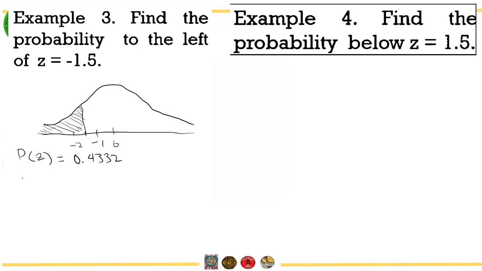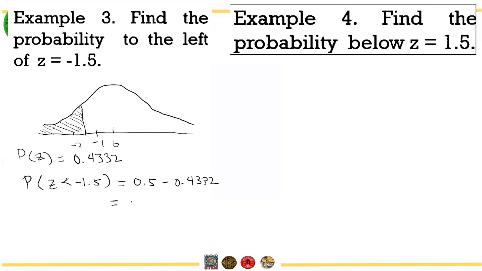Let's have the correct notation. When you say to the left, it is z < -1.5. How do we solve for the correct probability? Based on our illustration, it is less than 0.5, so 0.5 minus 0.4332.